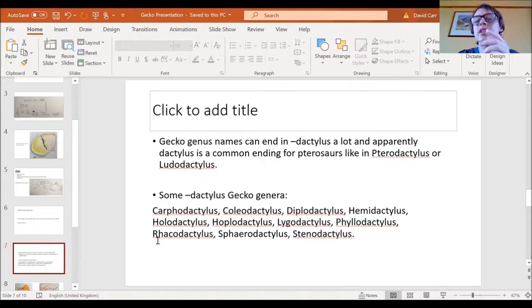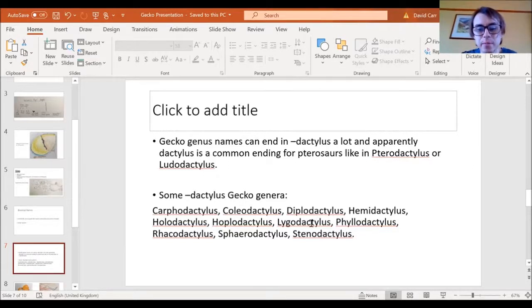But a genus that does end in dactylus, whose members can get referred to as fat-tailed geckos, is Diplodactylus, which is interesting. But African fat-tailed geckos are in the family Eublepharidae, which is a different family to Diplodactylus.